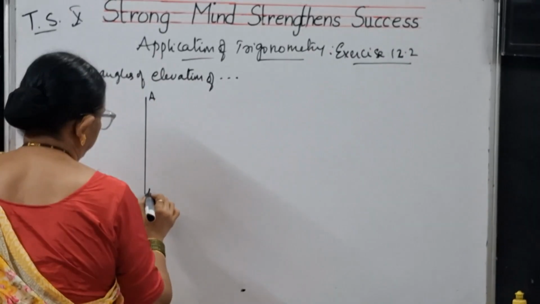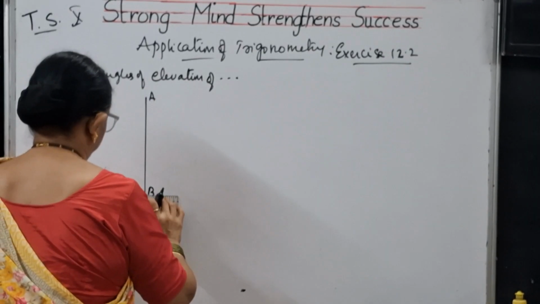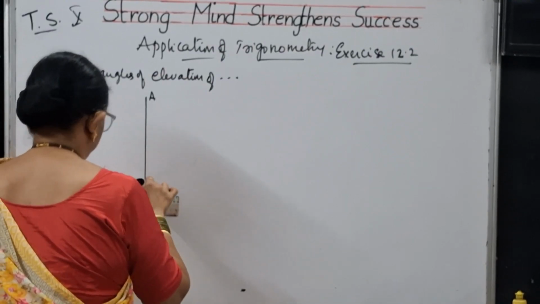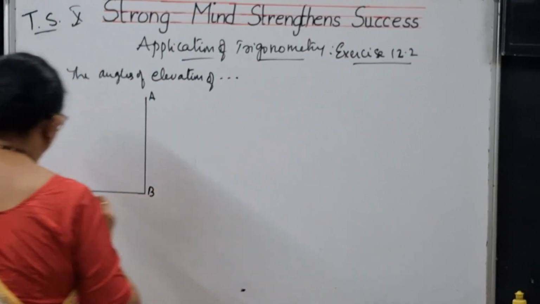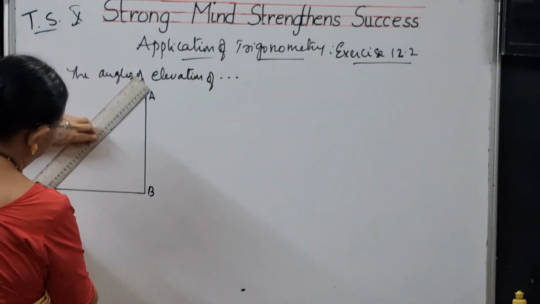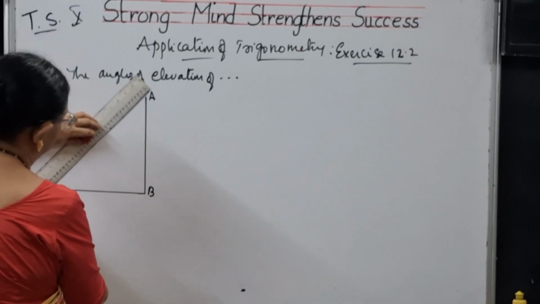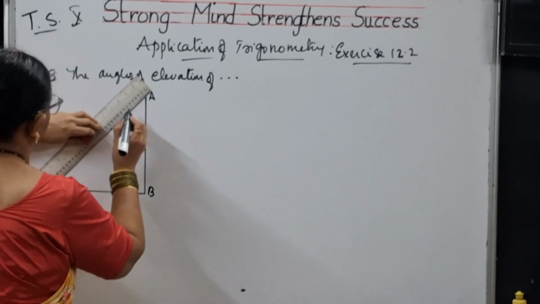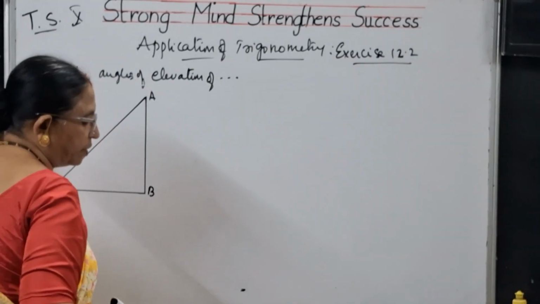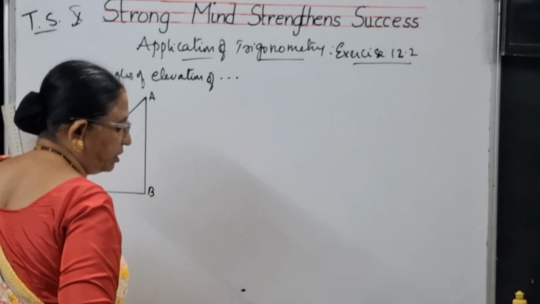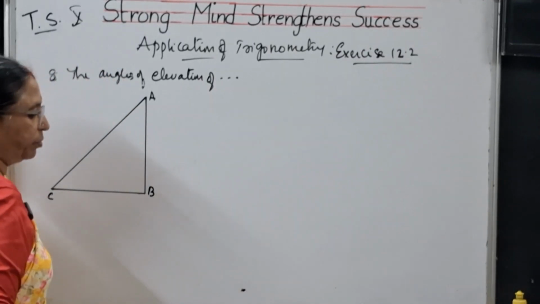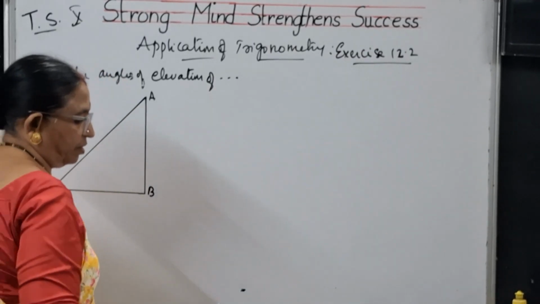Let me consider AB as the tower, and this is the distance between the observer and the tower, and the angle of elevation is here. The angles of elevation are complementary to each other, they said.